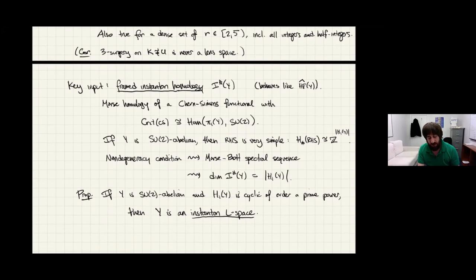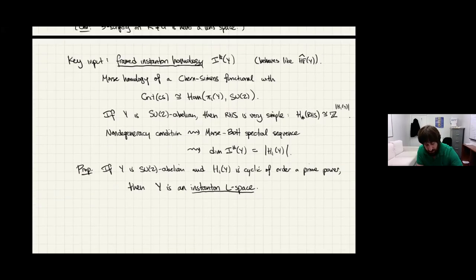And so the idea is, just black boxing all of this, suppose that 3 surgery on a knot K is SU2 abelian. Well, the first homology of this is cyclic of order 3. That's exactly this condition here.